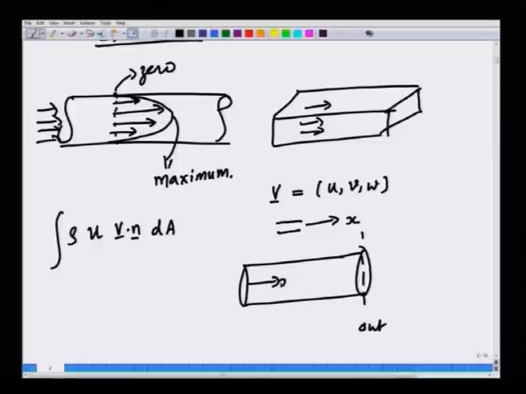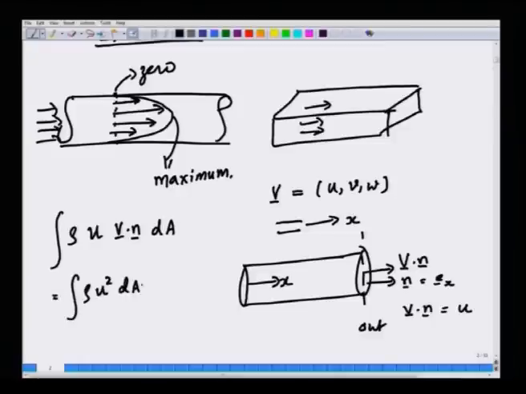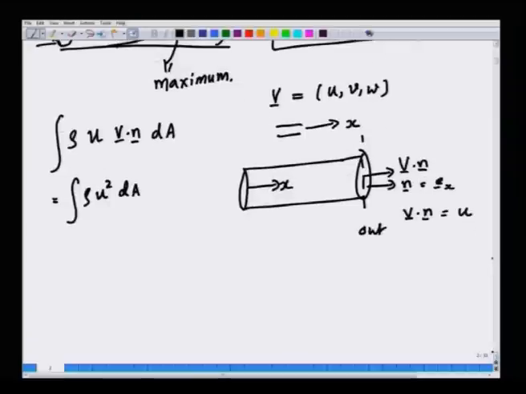Fluid is flowing in the plus x direction, n is E x. So, V dot n is simply equal to plus u. So, we have to evaluate terms like this in the flux term, where u is not a constant, u is actually a function of the cross section area.